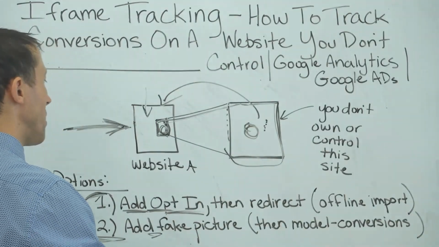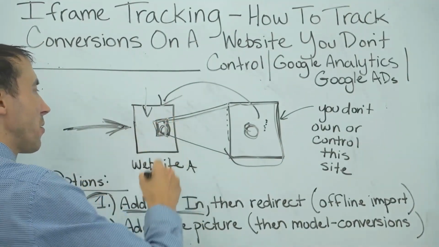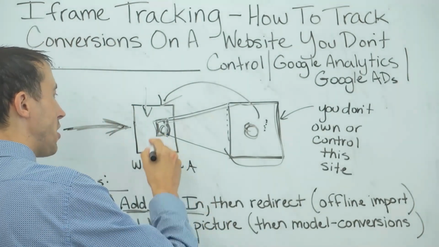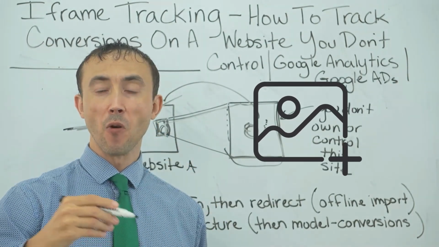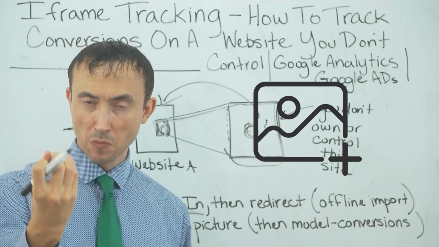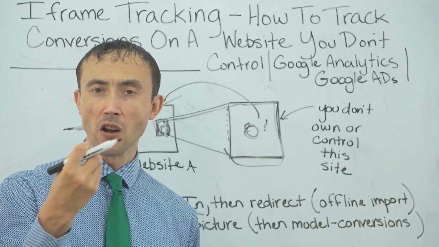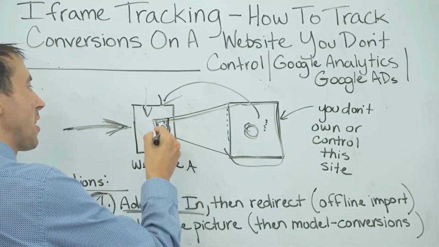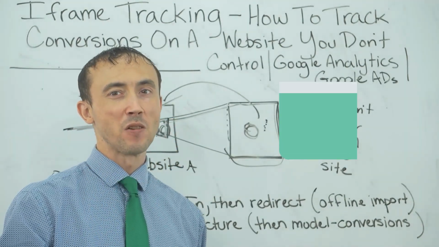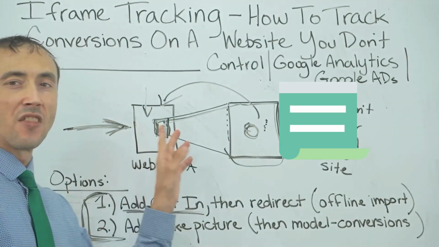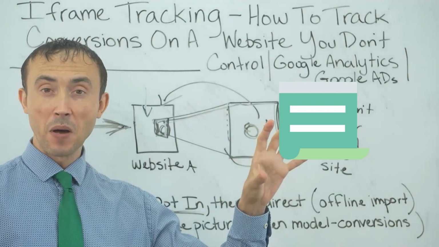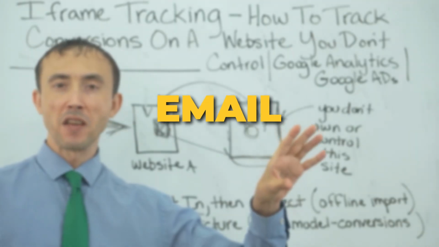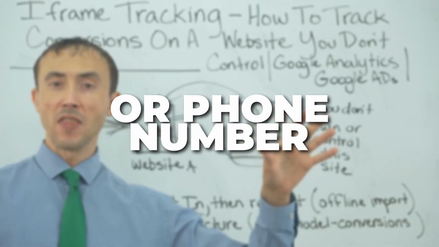If somebody wants to enter information on that form, you take a screenshot of that form as it is displayed on your website or your client's website, so the form just looks like it's there, but it's actually a picture of the form. They click on that picture of the form. Then a pop-up says, before proceeding, go ahead and fill out this form with your email address or phone number. That's the first step.